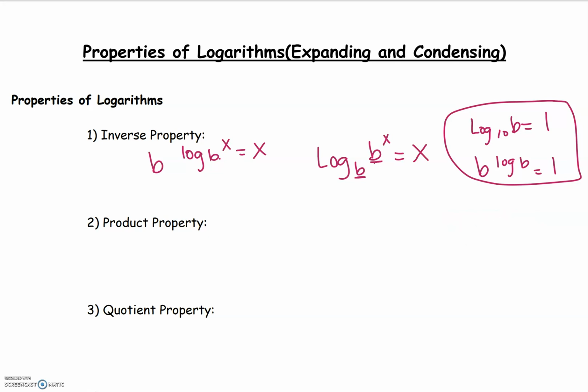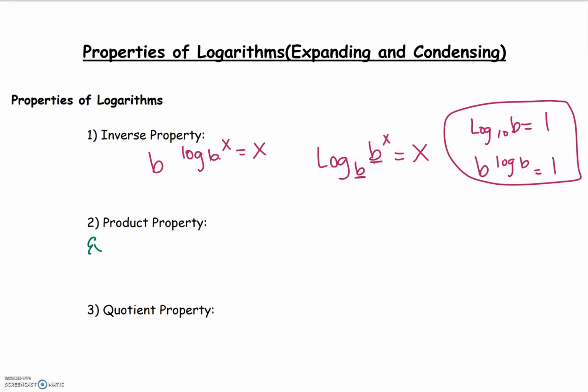And then you can do it exponentially, like 8 to the log base 8 of 4 is going to equal 4, because a log and an exponent cancel each other out. So we'll practice some more of those, but product property is next.